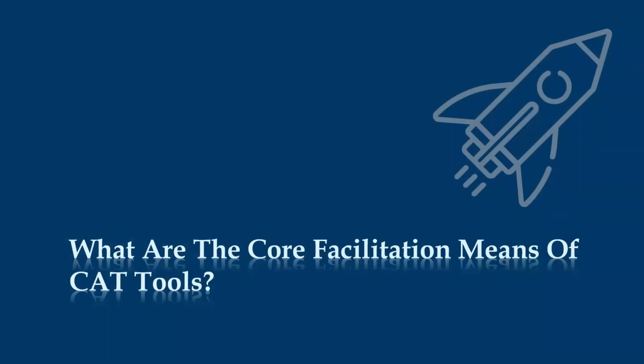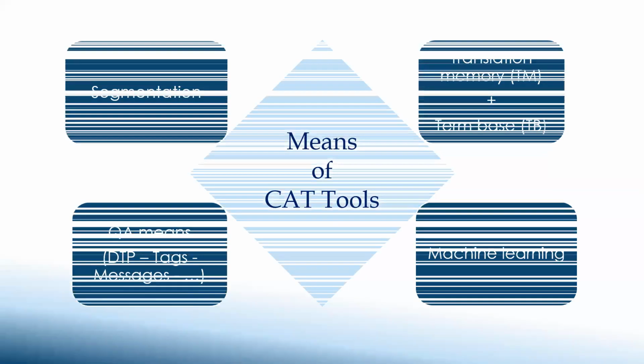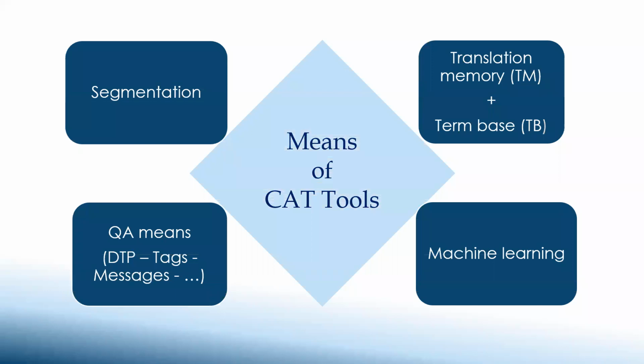The core facilitation means. What are the aids? What are the means that aid us, help us in these tools? These are the essential, the core facilitation means, assistance means.